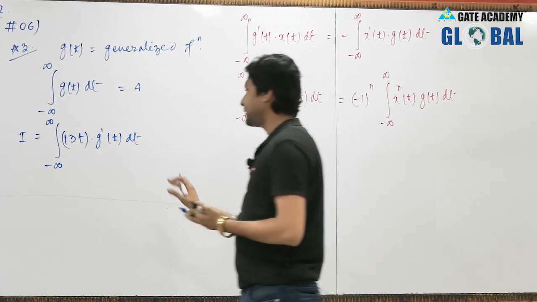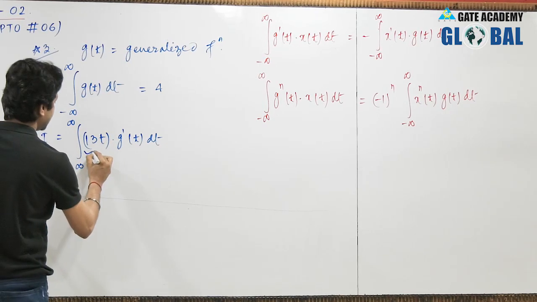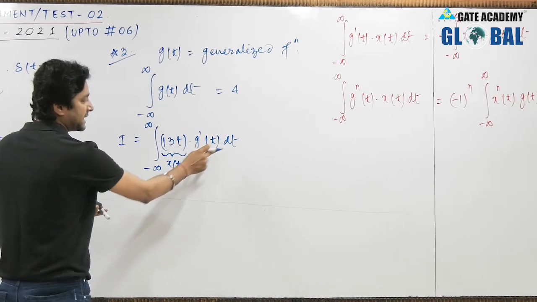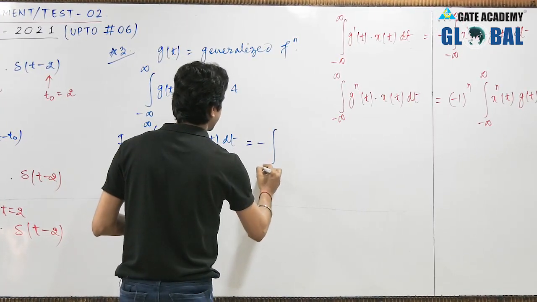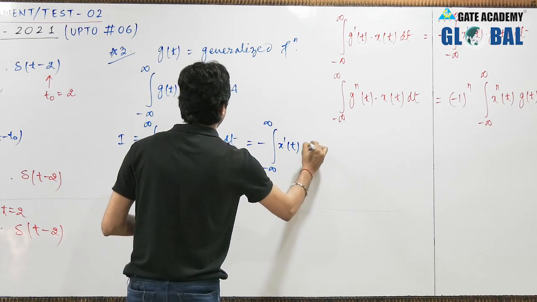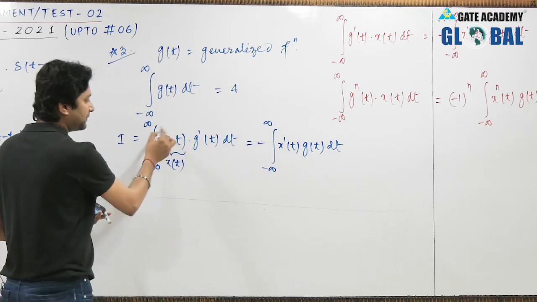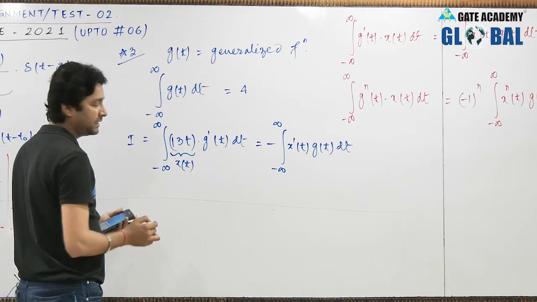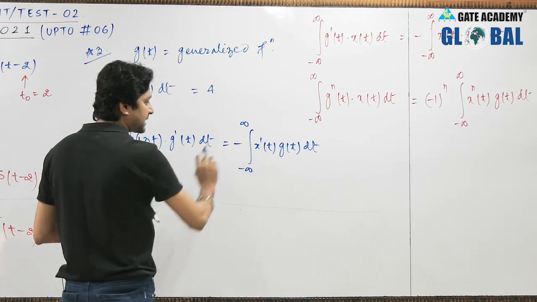So if we apply that result here, let x of t be any function, then the given integral is x of t into g dash of t dt, and it equals minus the integration from minus infinity to infinity of x dash of t into g of t dt. So we have to find the first order derivative of this function x of t, and if you differentiate 13t with respect to t, you will get 13, and that 13 can be taken outside the integral.